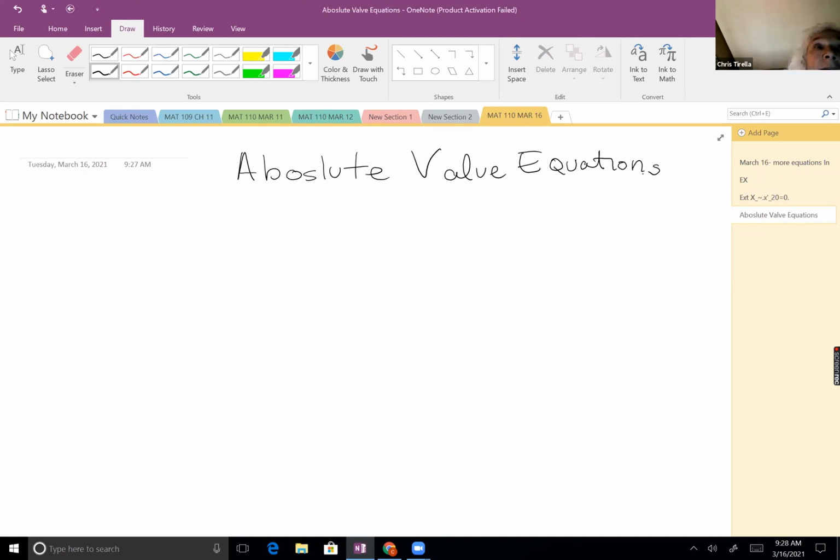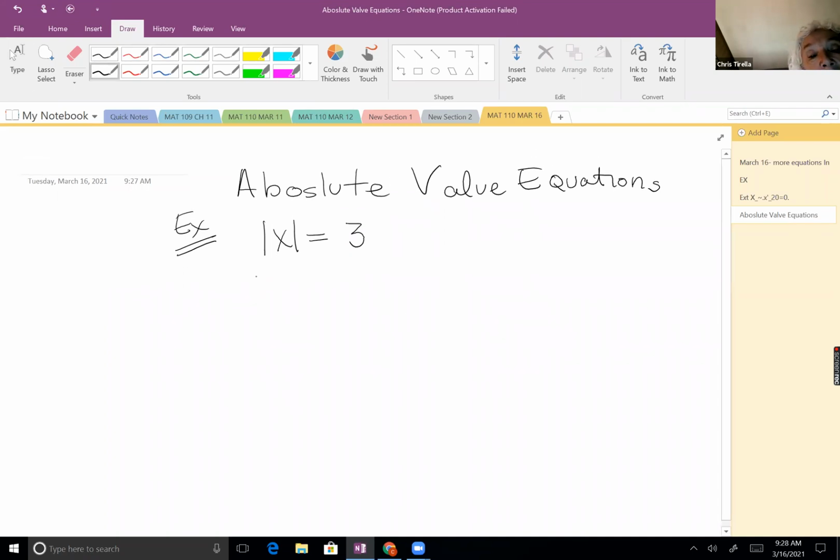And when I look at absolute value, remember we had a two-way definition for absolute value. What would we do if we had a positive, or what would we do if we have a negative? But if I look at the most basic, something like the absolute value of x is equal to some number, let's say 3. What's inside there? Couldn't x be 3?